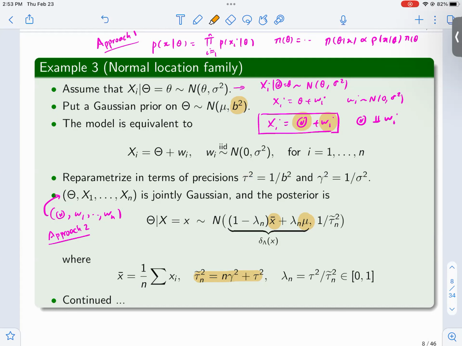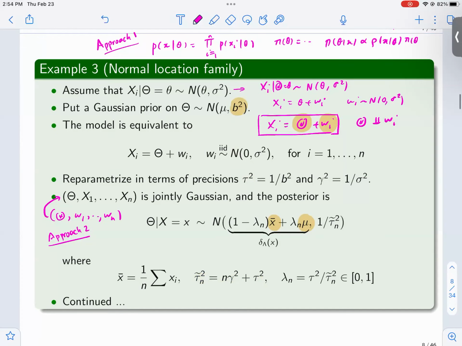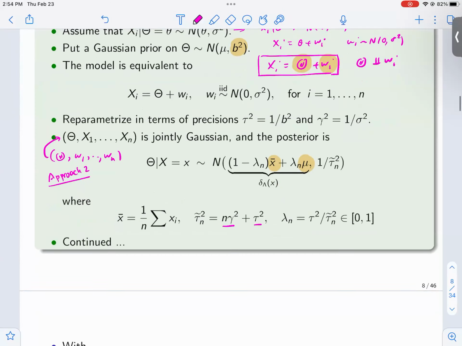So you can see the precision of the posterior is n times the precision of the likelihood, since you have n samples, plus the precision of the prior. And again, as n increases, this is going to go to infinity. And this lambda, which is the ratio of the prior precision to posterior precision, is going to go to 0 as you approach the MLE.